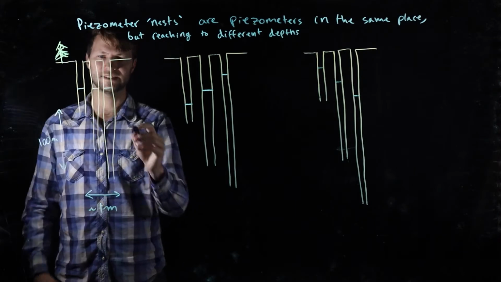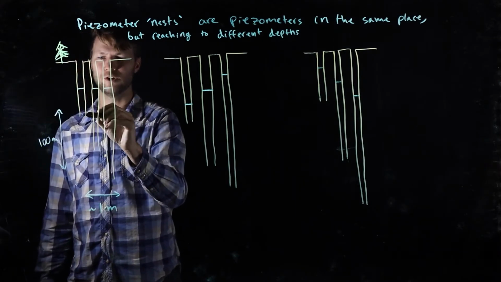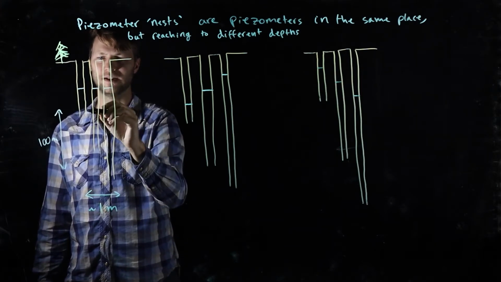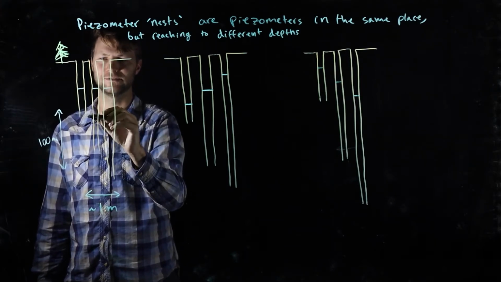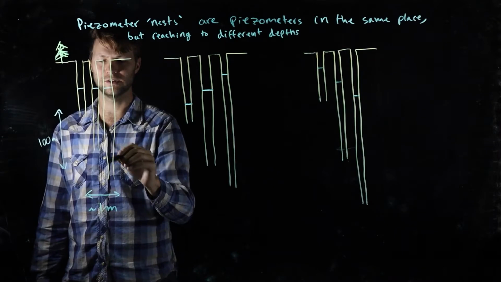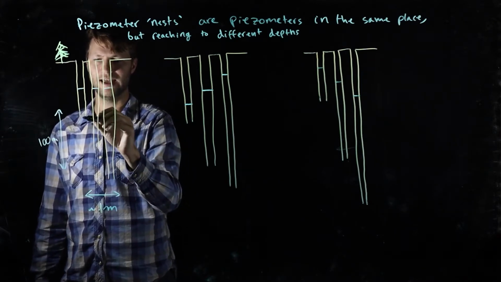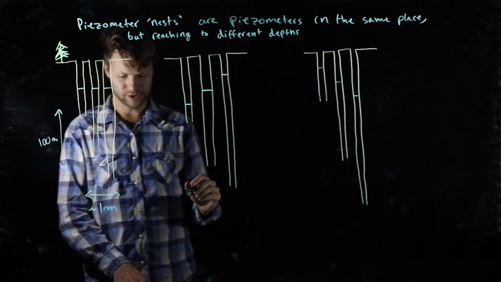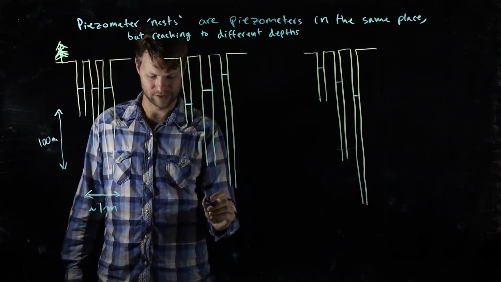So in this case, remember that a piezometer is open only at the bottom. It's a solid casing. The well is cased with a solid piece of PVC, for example, all the way down here. And so it's telling you about the head at this particular location. And we'll annotate it on this one, for example.